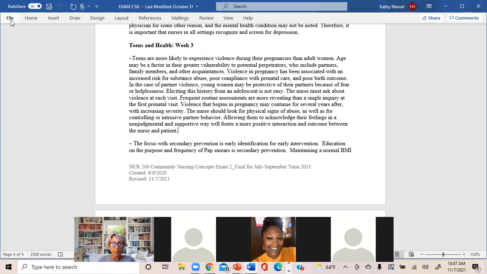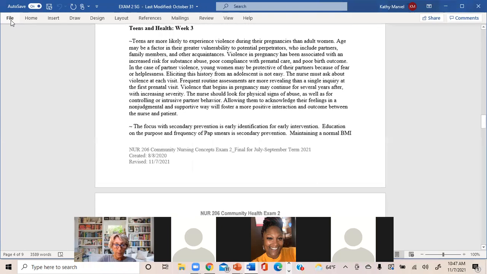What do you do with that information? What resources do you have for them? That's what a community nurse does. We have banks and banks of resources, referrals, if they identify that it actually is a violent relationship and it is a violent time. Right?